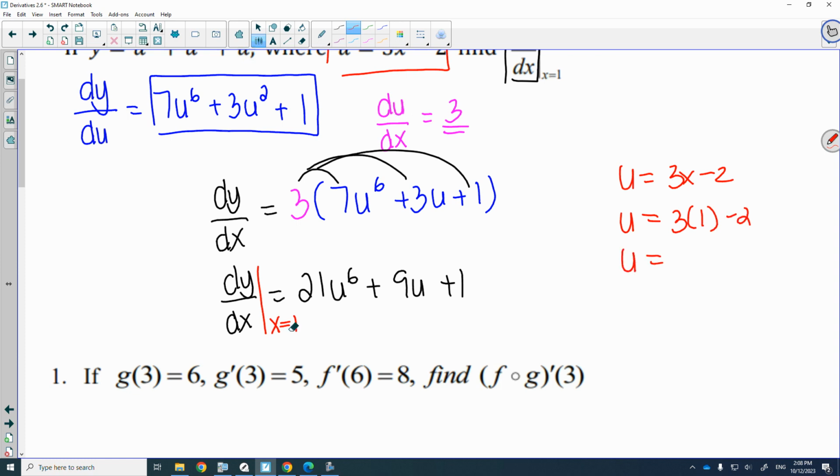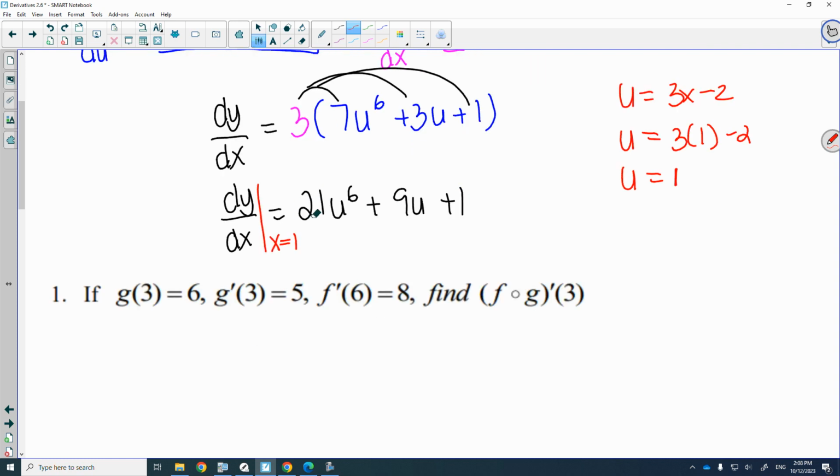U, when x is 1, will be equal to 1. And then now we'll be able to get the answer a lot faster. Because if u is 1, I'm going to have 21 times 1 to the 6 plus 9 times 1 plus 1.